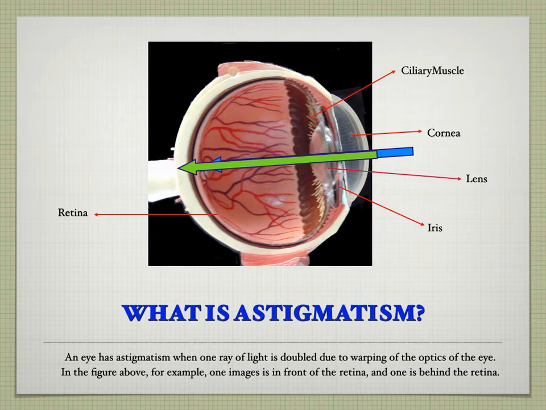Rather than getting one point image on the retina when there's astigmatism, there's two images. An eye that has astigmatism is like a football shape where we have one curve much rounder, much sharper than the other, and each curve will give a different focus on the back of the eye.